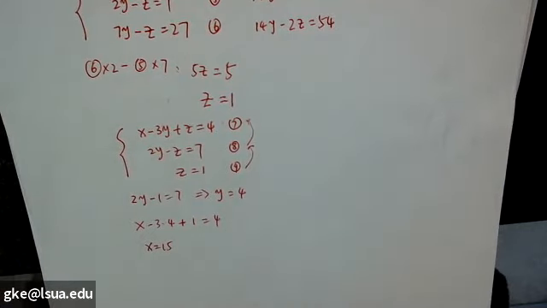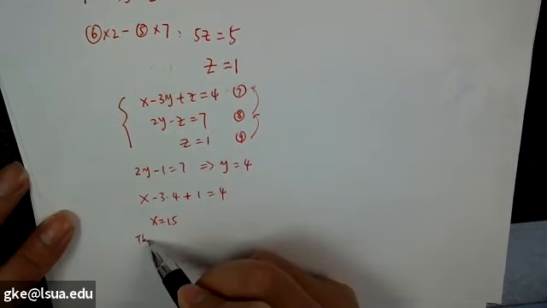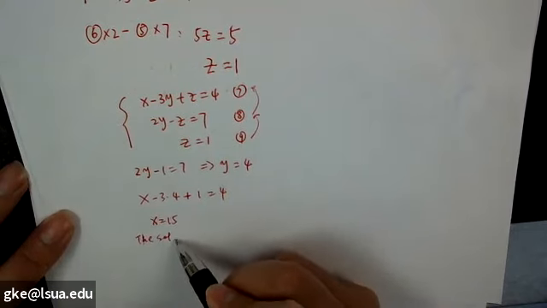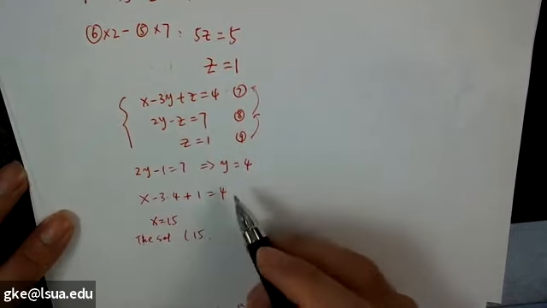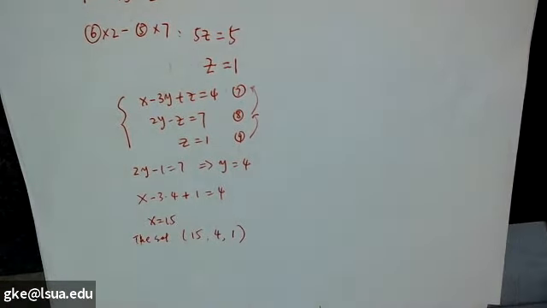Right? And we can get the solution set for this guy. It's 15, 4, and 1. You get it? So far, any questions? Back substitution, right?